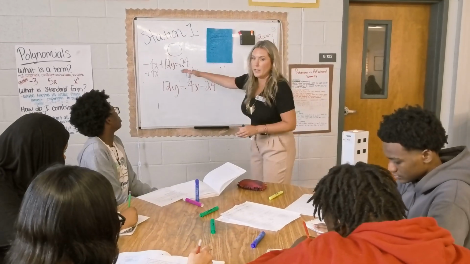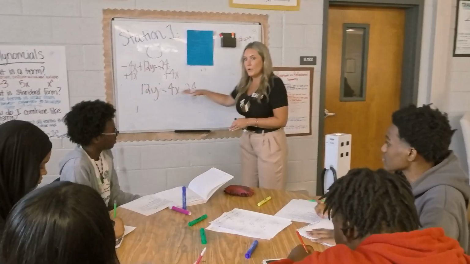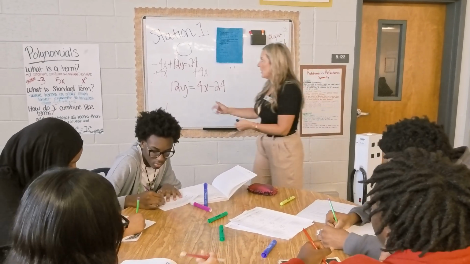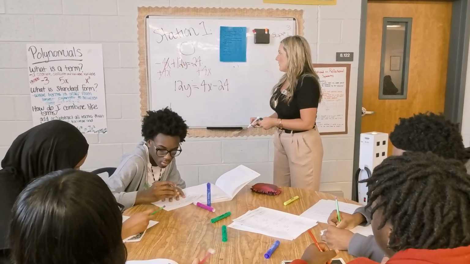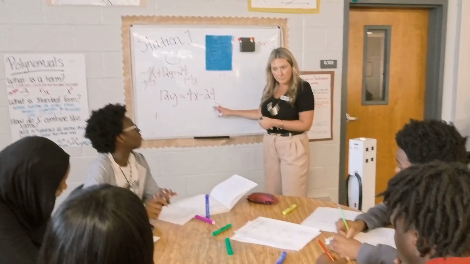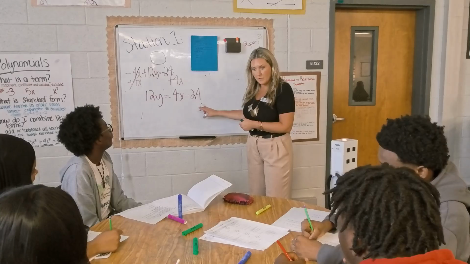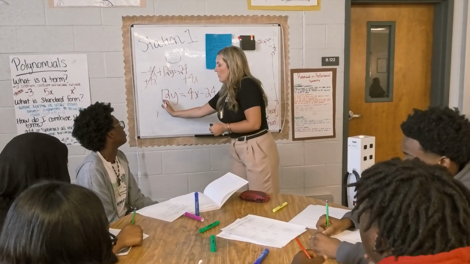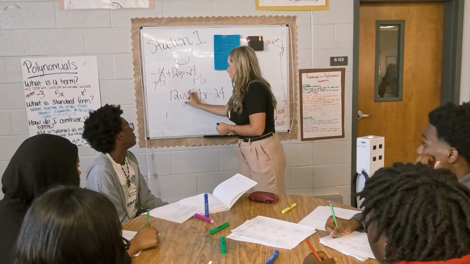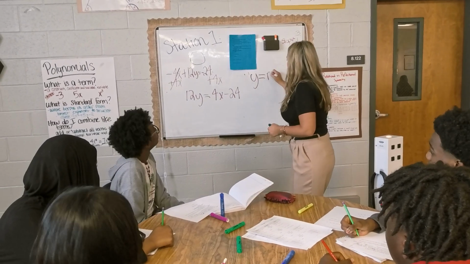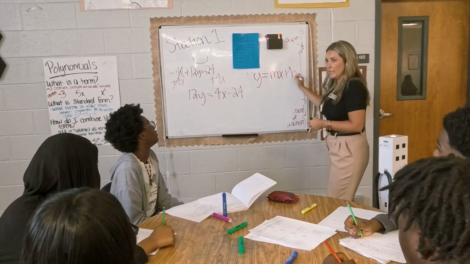I always like to rewrite each step so that I know what's already been done, what I just moved over, and what I divided by, multiplied by, all that kind of stuff. So I can cancel that out. I moved it over here. You good? Okay. 12 and y are being multiplied. So what should I do to get rid of the 12? Because remember, what do I want? I want y equals mx plus b. Okay?